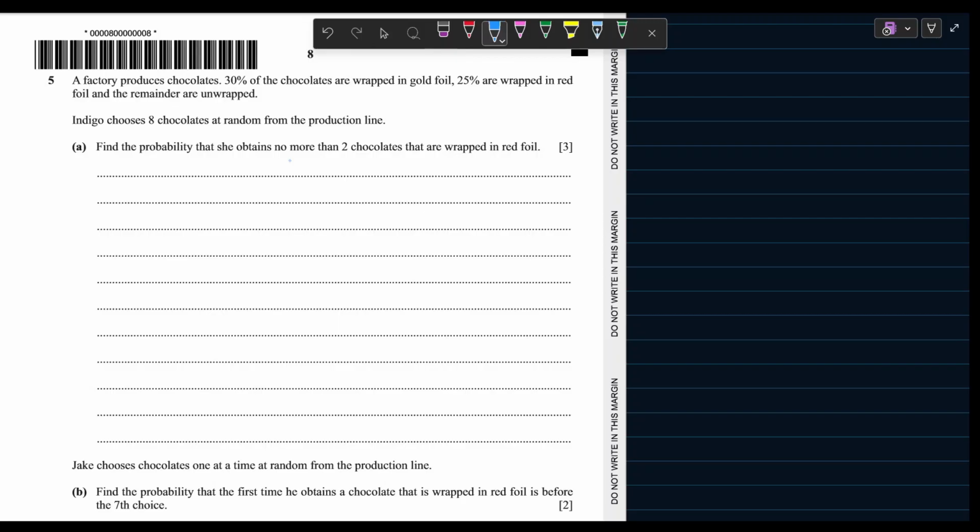Alright, so we can consider this a binomial distribution. So we can say let R be the random variable, number of chocolates wrapped in red foil that Indigo chooses.